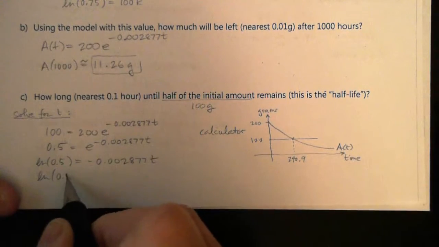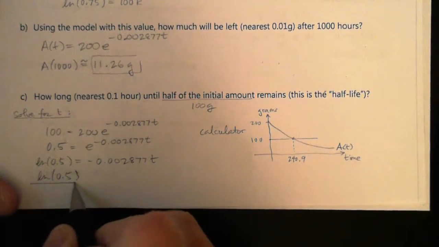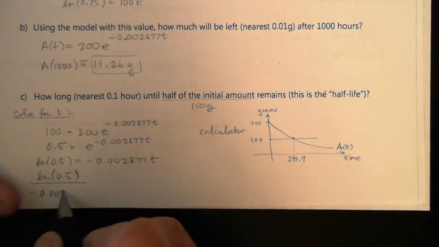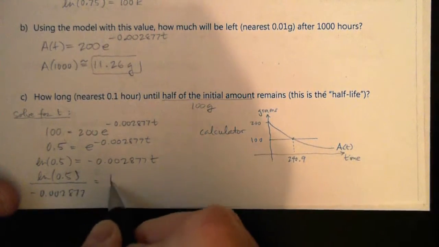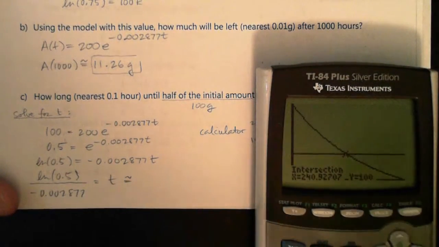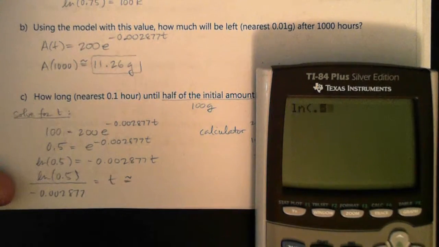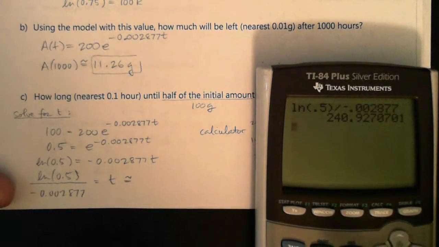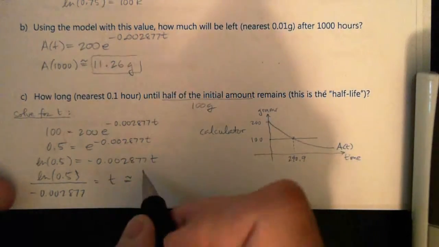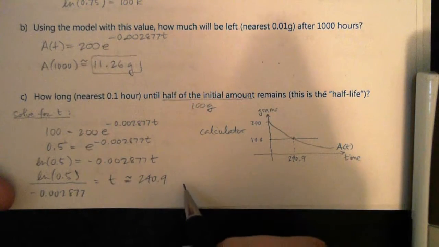And then divide both sides by the coefficient of t, which in this case is the k we had solved for. And we should find that it turns out to be very much the same number. So natural log of 0.5 divided by minus 0.002877 is 240.9270701. So to the nearest tenth, 240.9, and this was hours.